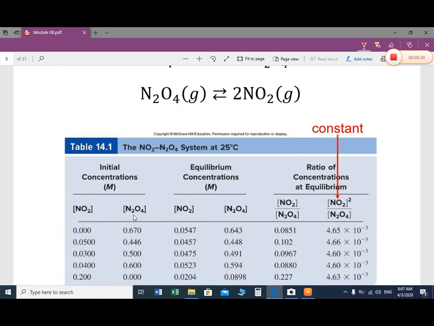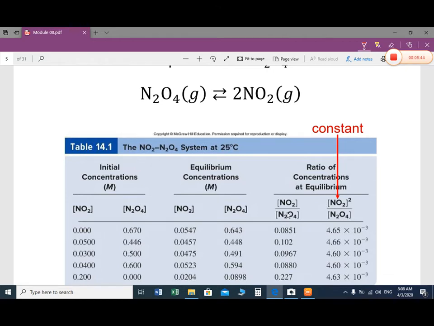For dinitrogen tetroxide, we take different concentrations starting from 0.6 and decreasing slowly, and in the last experiment we take 0 concentration. In all the experiments, we can measure the concentrations at the equilibrium state by some device or method. So we will find different concentrations at the equilibrium state.